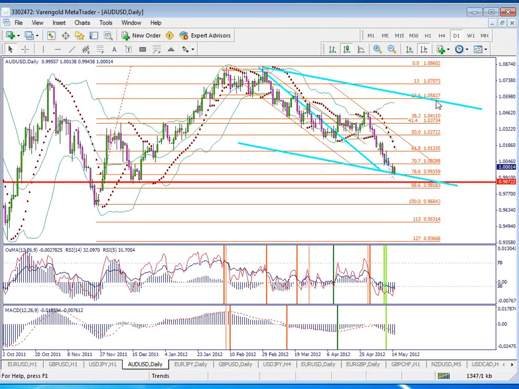Probably now the pair will have one move, one small retracement. And just let me clear the image.